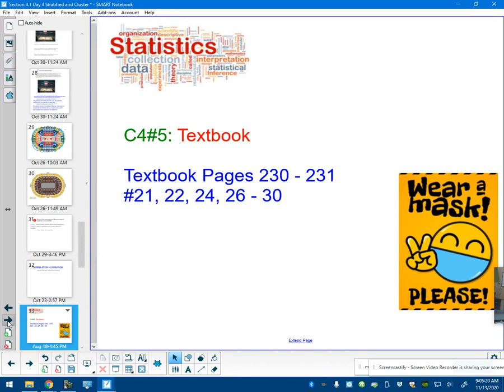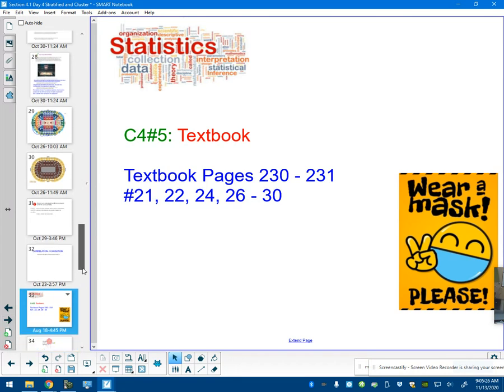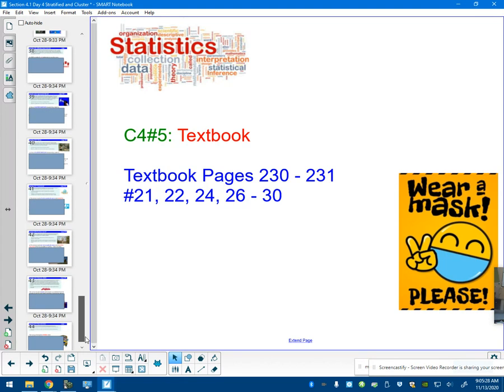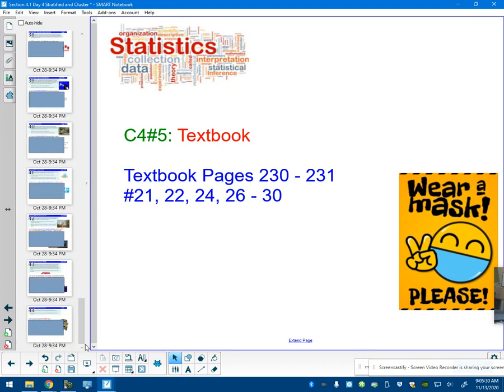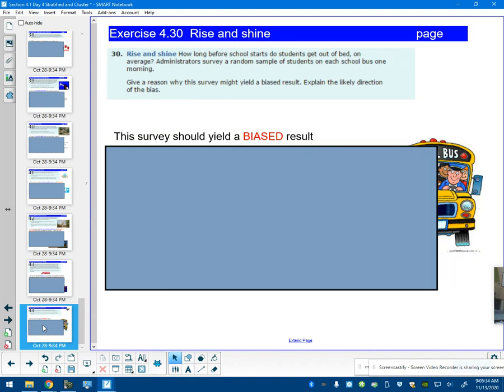Here is your homework. Go ahead and take a picture if you want. 26 to 30 asks some specifics. How long before school starts do students get out of bed on average? Administrators survey a random sample of students on each school bus one morning.